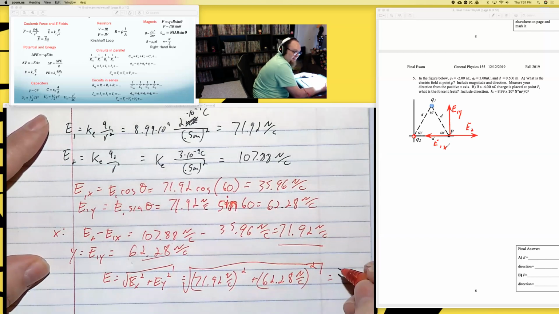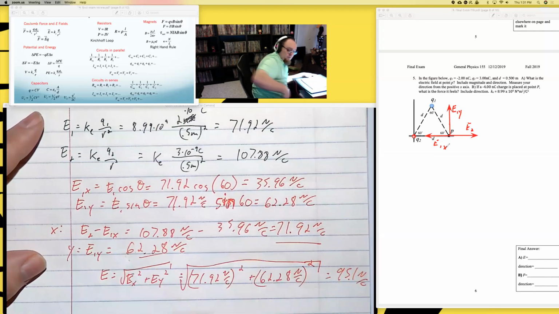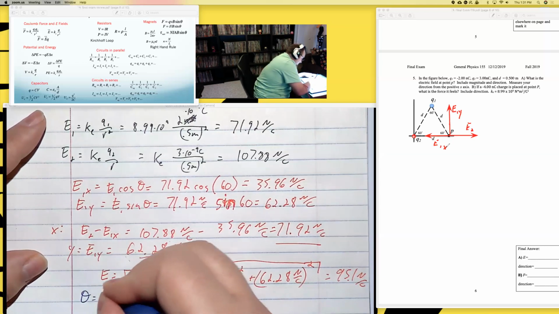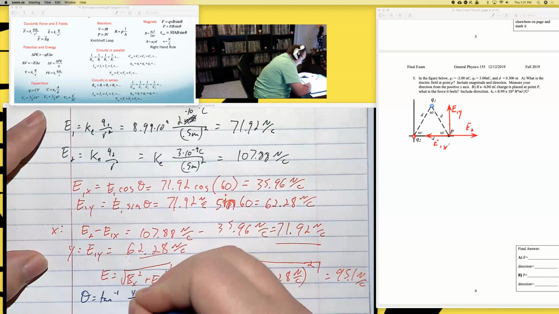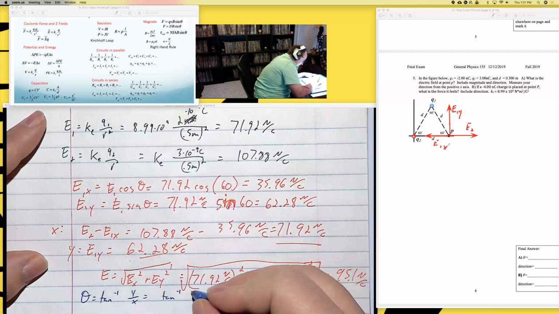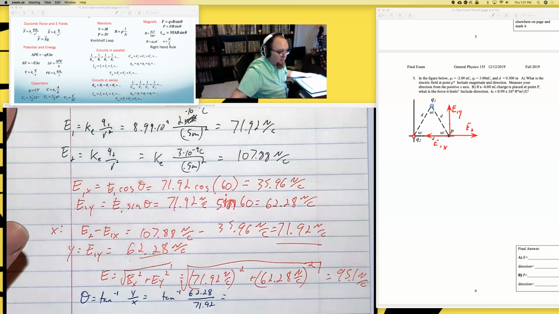Which doing that math gives me 95.1. And direction will be the inverse tangent of y over x, or the inverse tangent of 62.28 over 71.92, which is lower on the page.